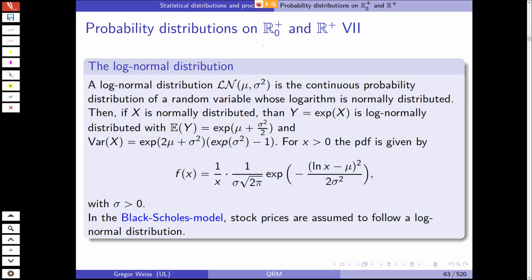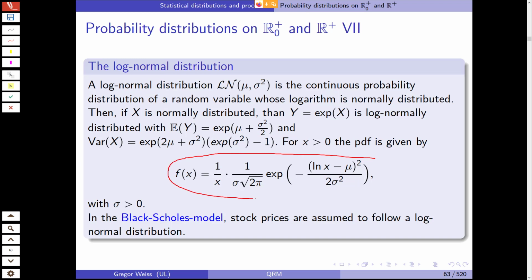So if x is normally distributed, then if you insert x in the exponential function, then y, being the exponential function of x, is log normally distributed, with the expected value of y being the exponential function of mu plus sigma squared divided by 2, and the variance also being a function in the exponential function. And the PDF for the log normal distribution is given by this expression here.